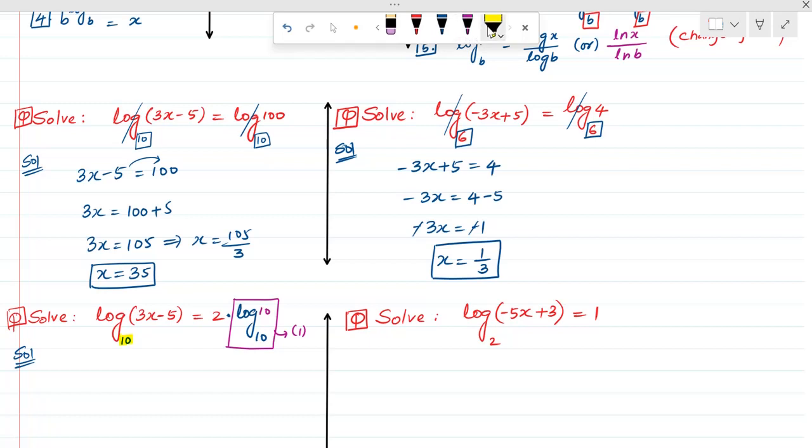Whatever the base is, you have to add the same log base to the same number. Now I can write this as log of 3x minus 5, and here 2 times log 10. Now as per the property, I can move this 2 to the power. So what happened to this part?